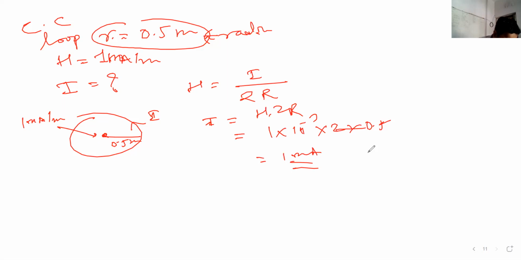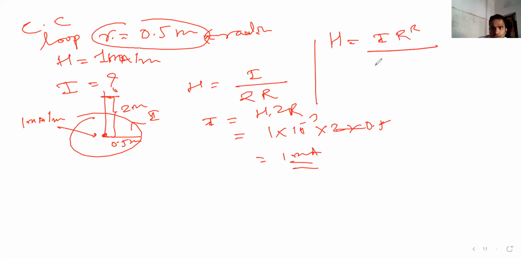Now suppose we wish to find H at a height of 2 meter from the loop. We know H is I r square upon 2 (r square plus z square) raised to 3 by 2. Can someone help me?